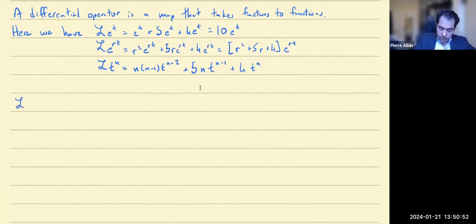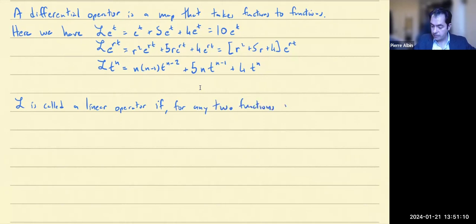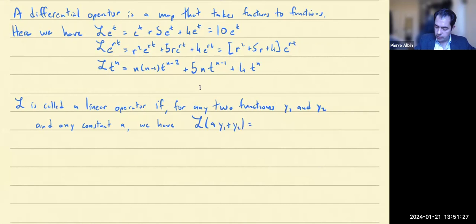Okay, L is called a linear operator if for any two functions y1 and y2, and any constant a, we have L of (a times y1 plus y2) is equal to a times L of y1 plus L of y2.